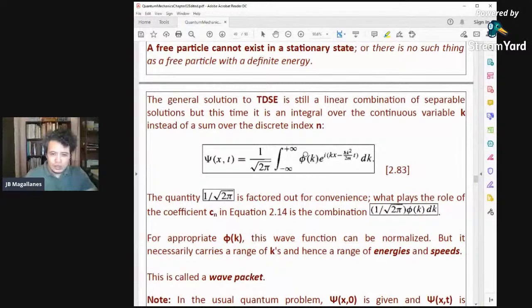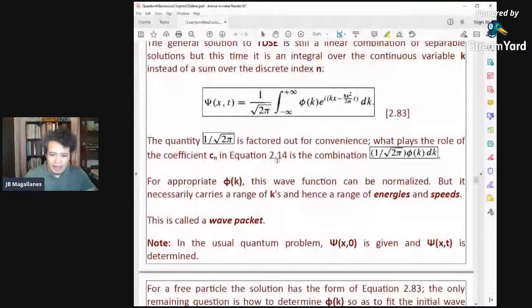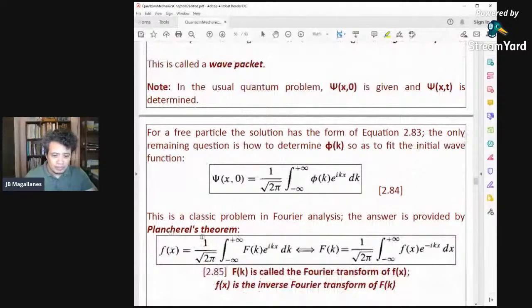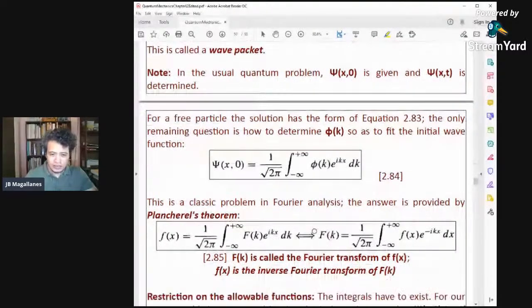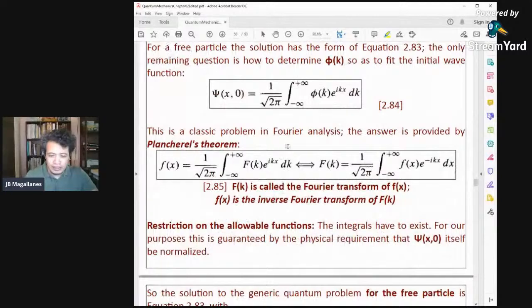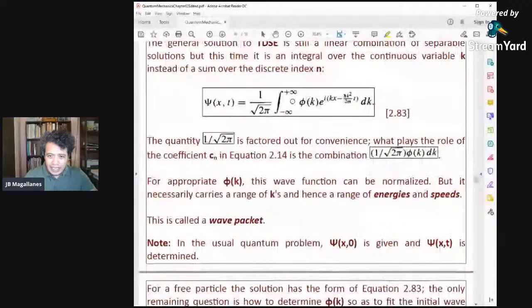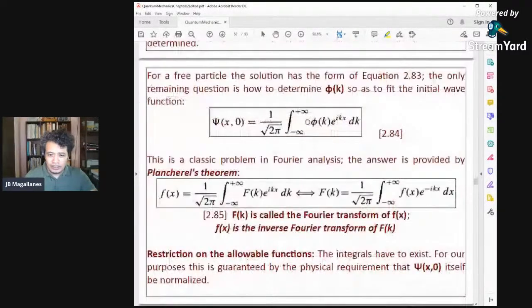And this 1 over square root of 2 pi is actually coming from Plancherel's theorem. That's why you had to include 1 over 2 pi in this wave function here.